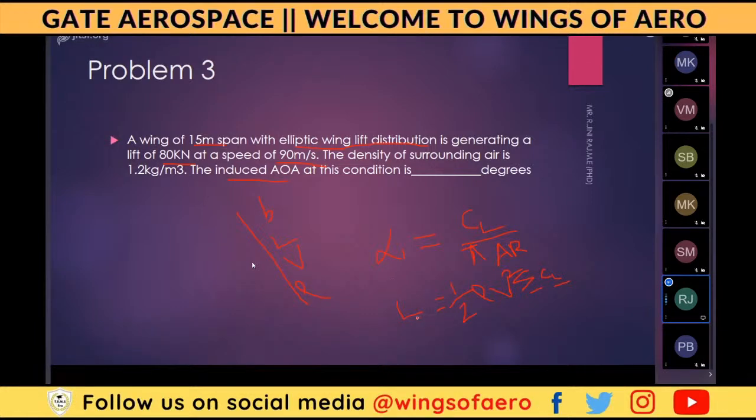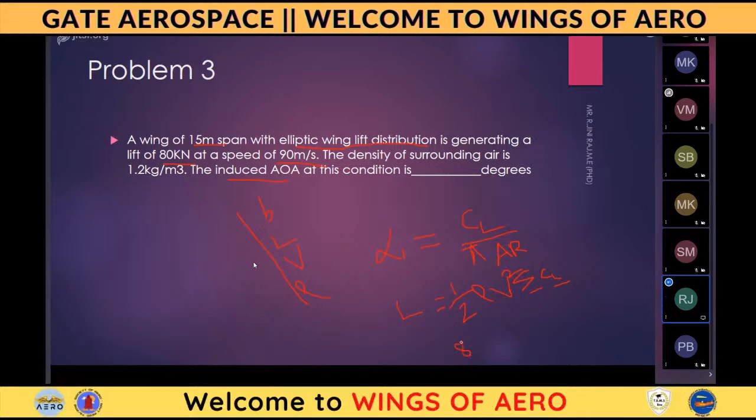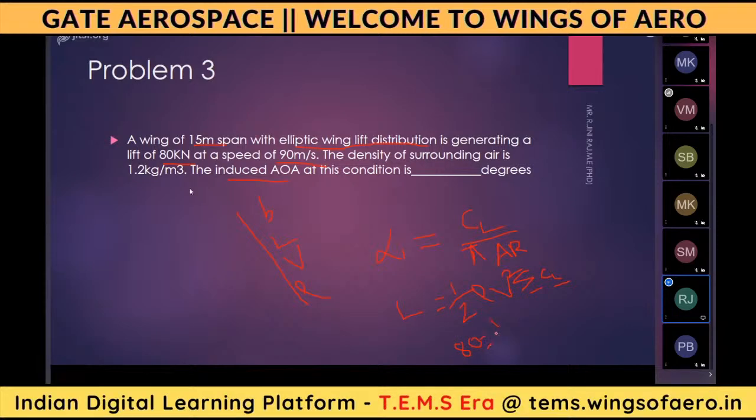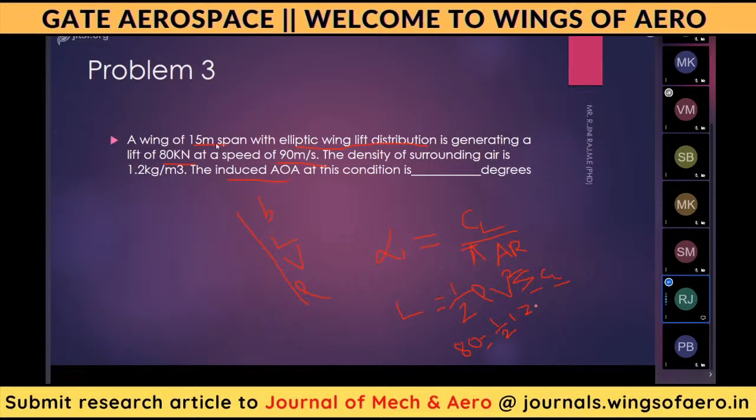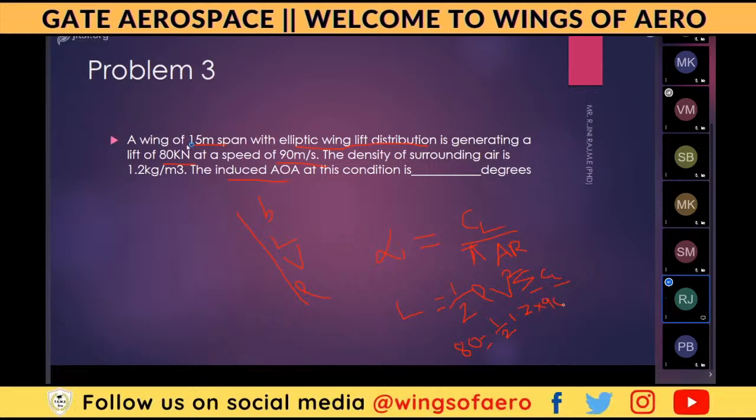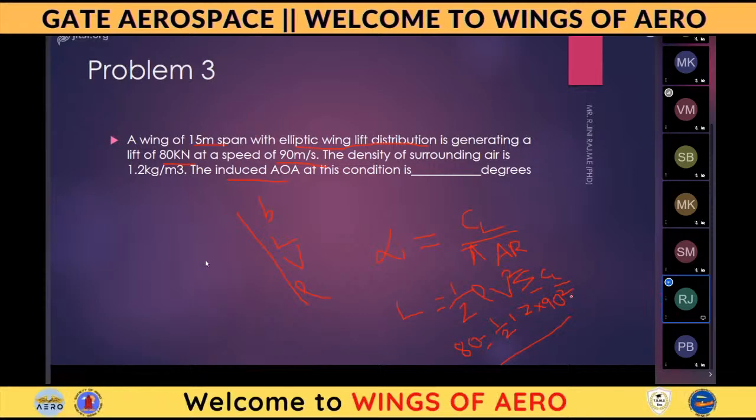But we know the lift value, that is 80 kilonewton, equal to half into 1.2, that is the rho value, then V square, that is 90 square, into S into CL.